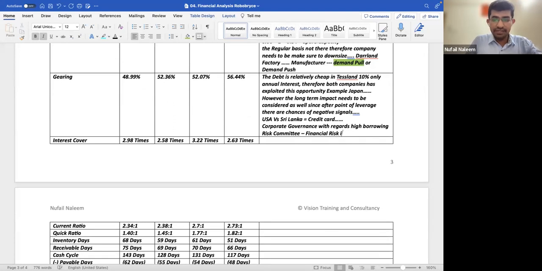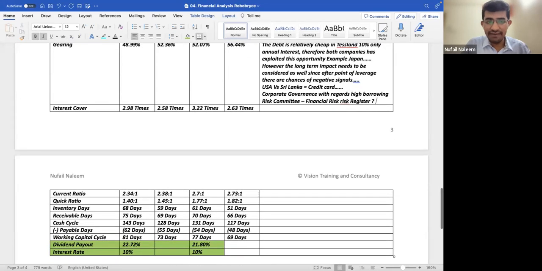I'll just write down here risk register, and I'll put a question mark also. Now students, interest cover 2.98, 2.5, 3.22, 2.63. It's only at 2 plus times, but still students, anything can happen anytime. The sales are not recurring. The sales are not a recurring business.